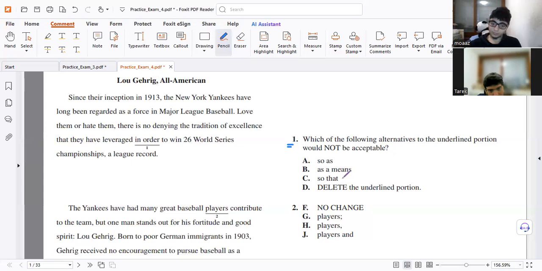Let's see why. After "so as to" we need a sentence close. So as to means in order to. But if I delete it, it's the same meaning. This is a trap. Read it without it.